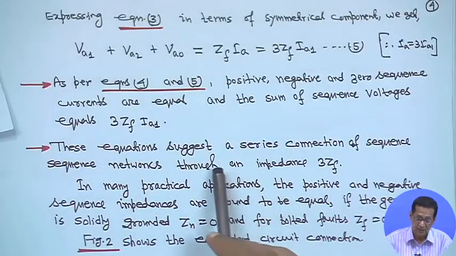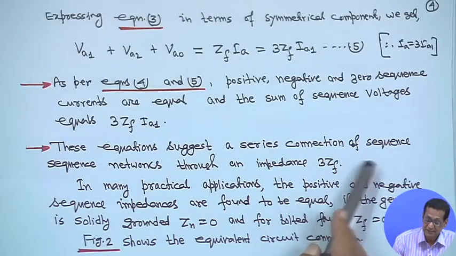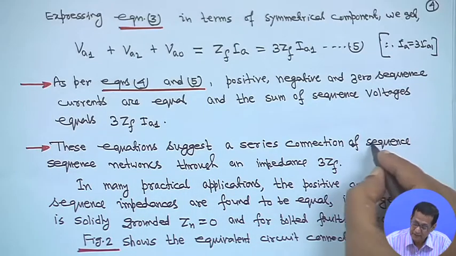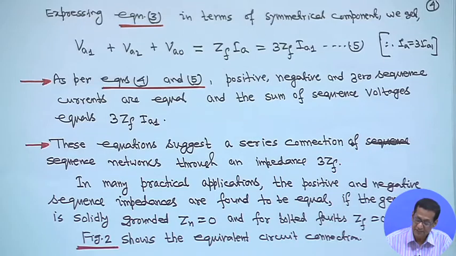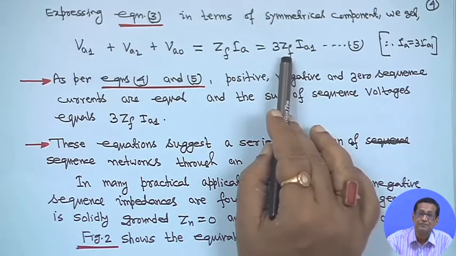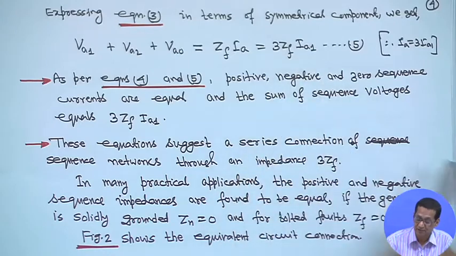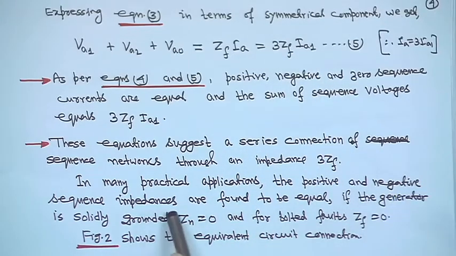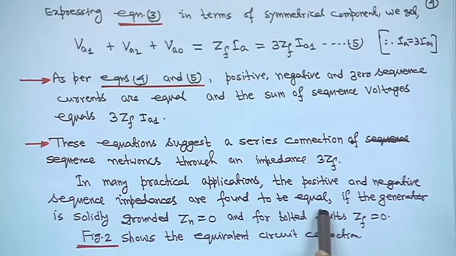Therefore, this equation suggests a series connection of the sequence networks through an impedance 3 ZF, because it is 3 ZF into IA1. In many practical applications, the positive and negative sequence impedances are found to be equal, which we have discussed before.